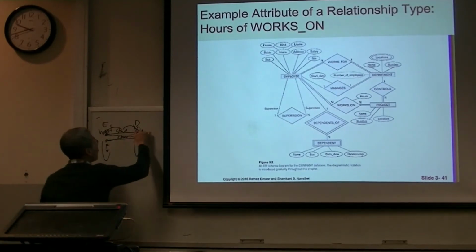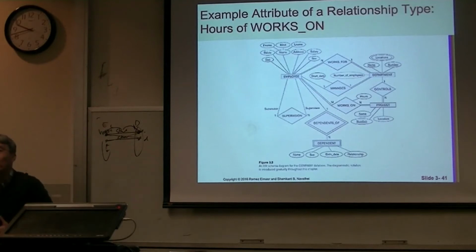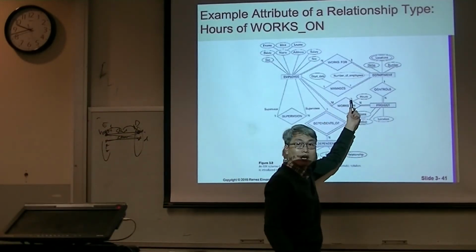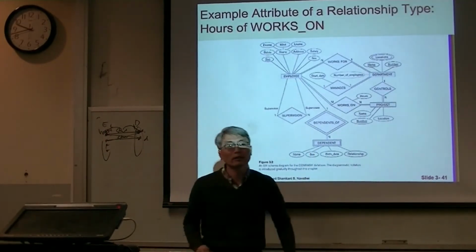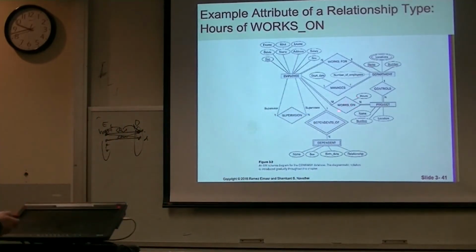Vice versa, for each project I have a number of employees, and I do not know how many hours for each employee. Because of that, these hours should be an attribute of the relationship. This is a very important, interesting part. That's the reason it's connected to the works on relationship. Okay, then that is cardinality.